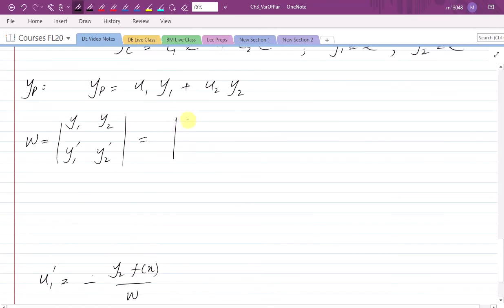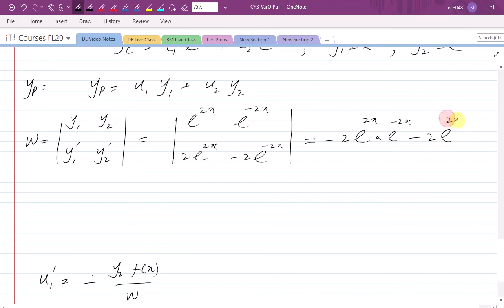This is equal to the determinant of e raised power 2x, e raised power minus 2x, 2 e raised power 2x, minus 2 e raised power minus 2x, derivatives of the functions in the first row, and that would be equal to minus 2 e raised power 2x multiply e raised power minus 2x minus 2, again the same, 2x minus 2x, what do we get? Minus 2, and this is minus 4.